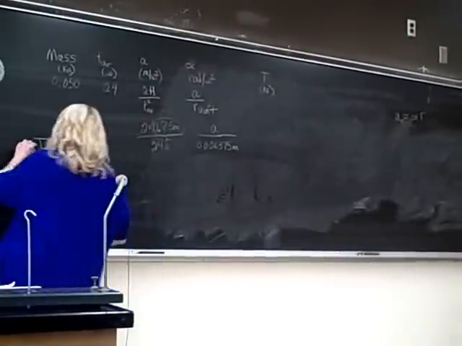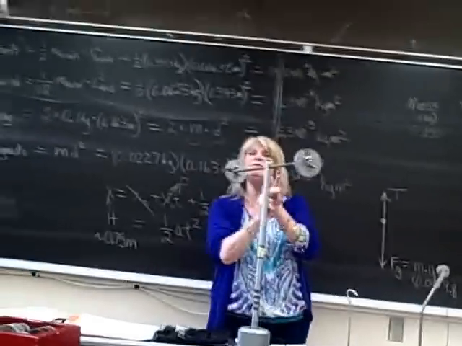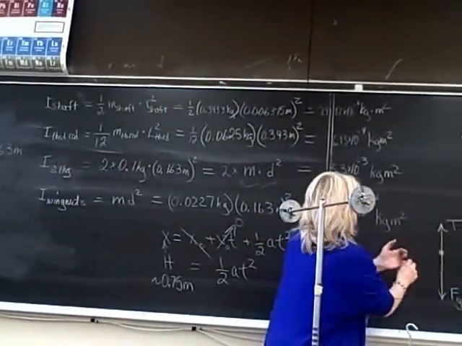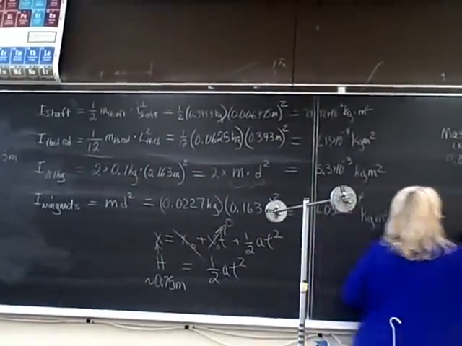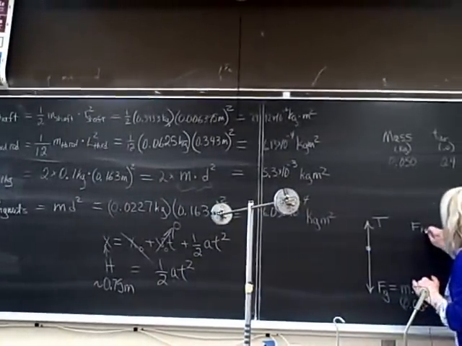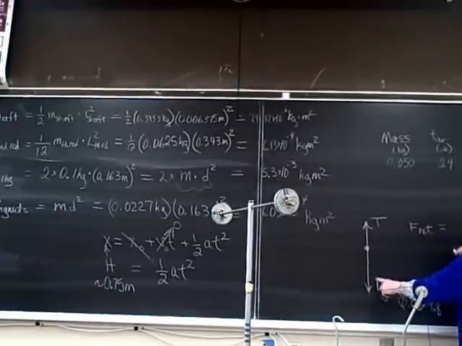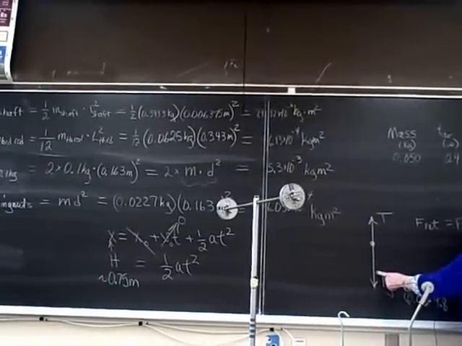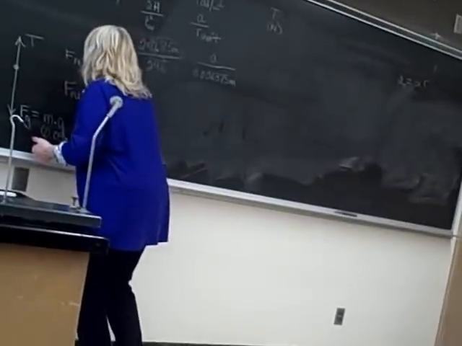Here's where we're going to do that same F net thing. F net equals ma, and F net equals the vector sum of all the forces. So F net equals the big force minus the little force. Are you with me on that? And what does Newton's second law say F net equals? ma.